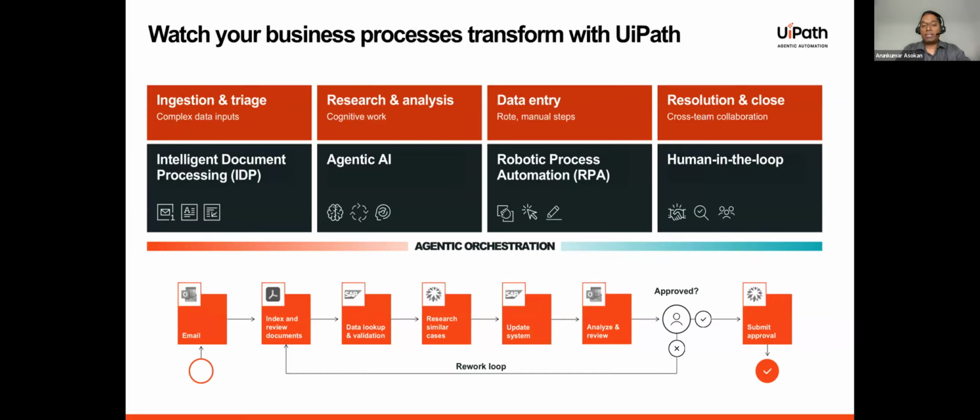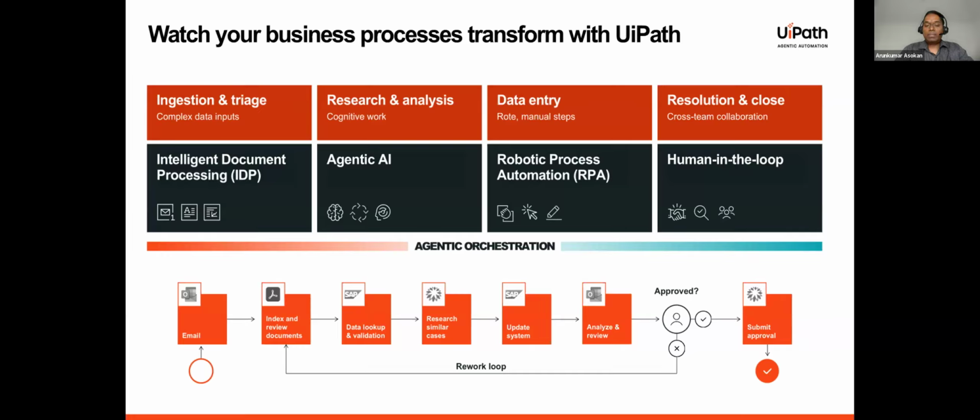It can be structured, semi-structured, or unstructured using our IXP product, and for the data lookup and actions, if it's non-deterministic work which a human needs to read through and act on, that can now be eliminated, and agents can do that work, right?